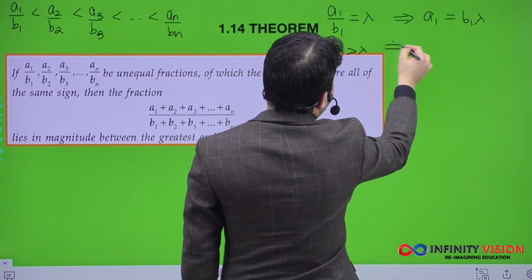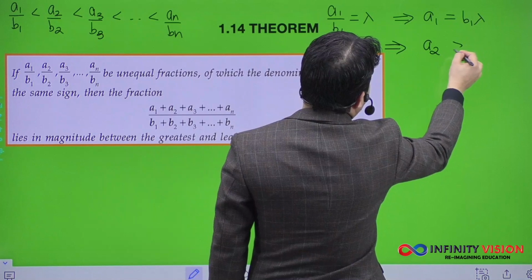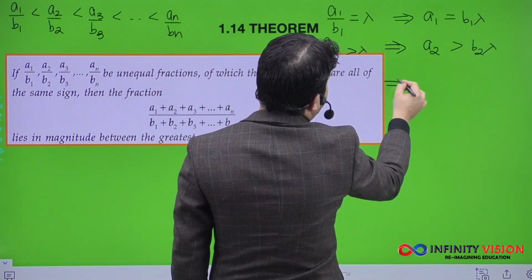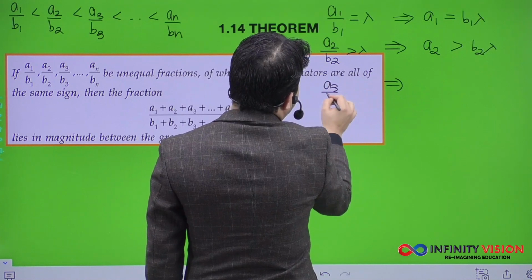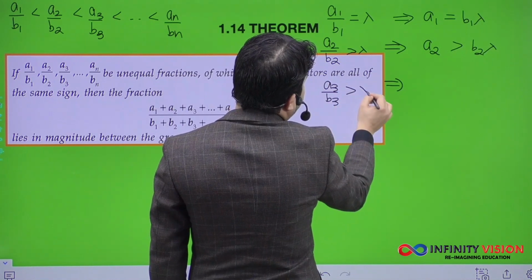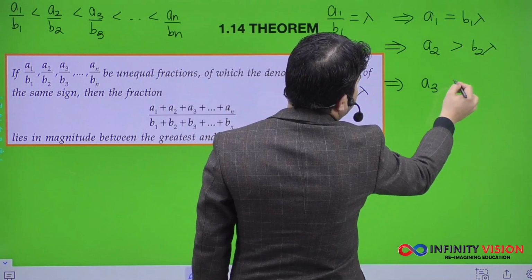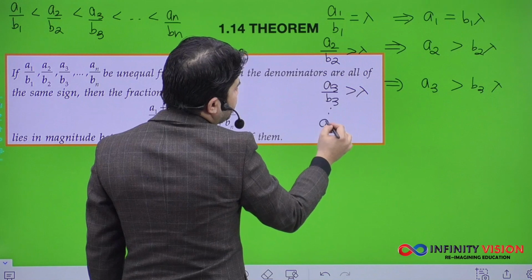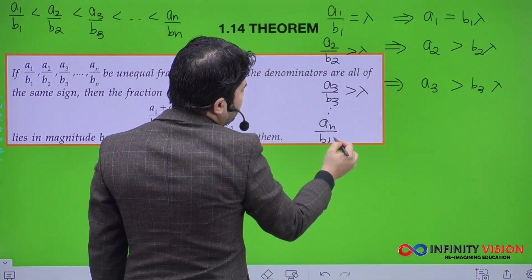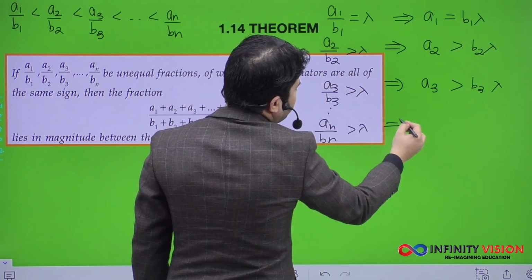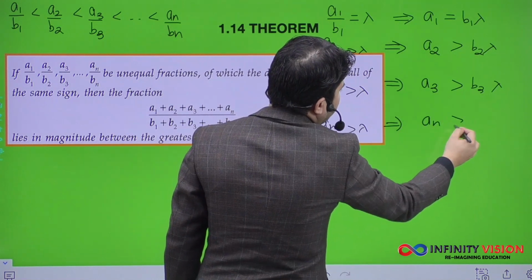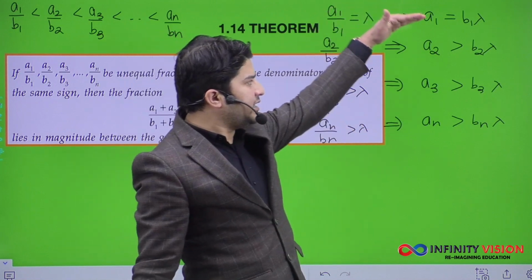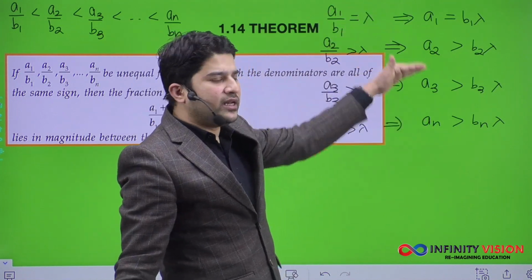So you can definitely say that a2 would be greater than b2 lambda. Same way you can say a3 upon b3 would be greater than lambda, so a3 would be greater than b3 lambda. And so on, an upon bn is greater than lambda, so an would be greater than bn lambda. Now looking at these n inequations, I'll add all the left hand sides together.